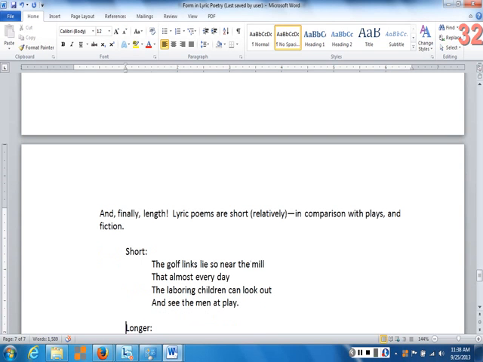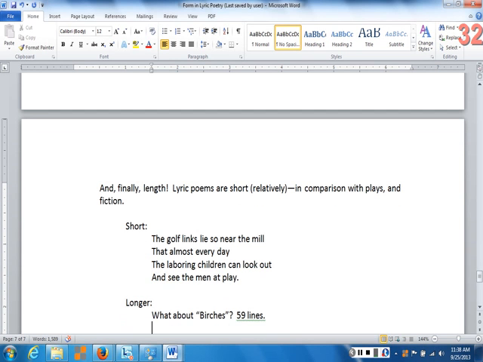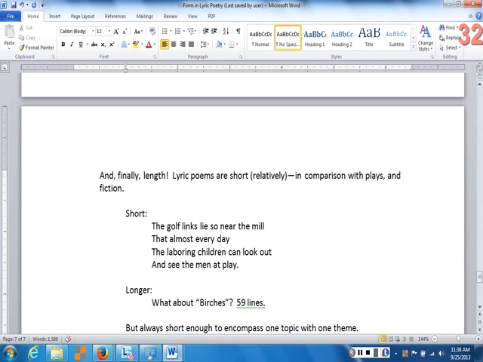And so just to give you a couple of examples, you've got very short poems, such as Sarah Cleghorn's The Golf Links Lie So Near the Mill. This is a quatrain, right? It's a quatrain. It's the entire poem. A longer poem, Birches, 59 lines long, and yet your lyric poem is always short enough, or we could say never too long, to encompass one topic with one theme.